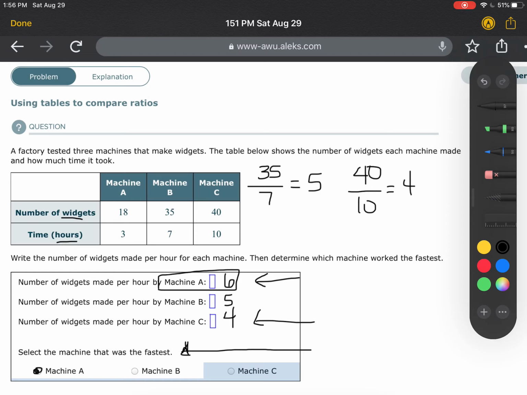So you have to make sure that you're looking at how much time they spent, or how many items were being produced. So the questions are going to vary, so make sure you're actually taking the time to read the question, because if you just say, okay, well 6 is the biggest number, so that's the fastest, you actually have to make sure that you're reading and understanding what the question is, or this part will be wrong.